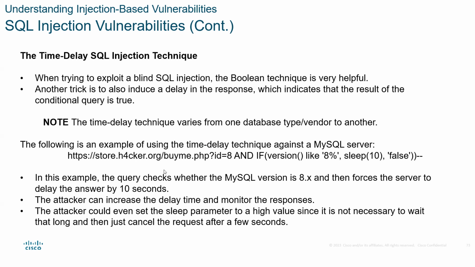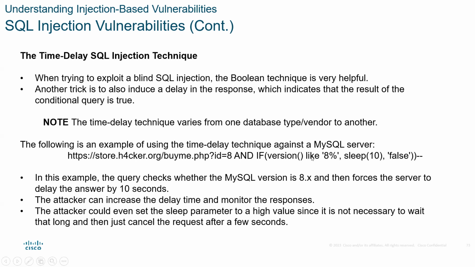Time delay technique here says, HTTP, this is the site, this is the link. Of course, you're going to buy, right? ID is equal to 8, and if the version is like 8%, sleep. In this example, the query checks whether the MySQL version is 8, then forces the server to delay the answer by 10 seconds.